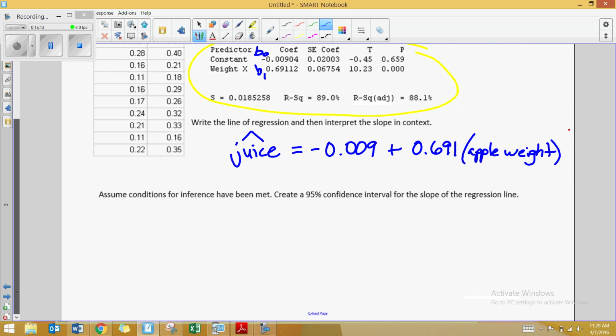Okay, again, the emphasis here is not on the conditions. If you want to check the conditions, it's SIREN. Since you have the raw data, it is possible to do that. You would have to create the scatter plot, and then you would have to look at the residual plot. That's extra work.